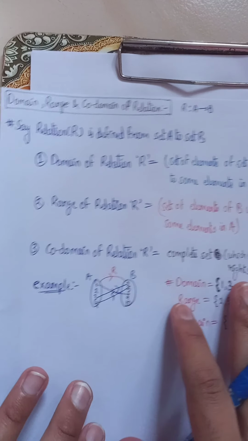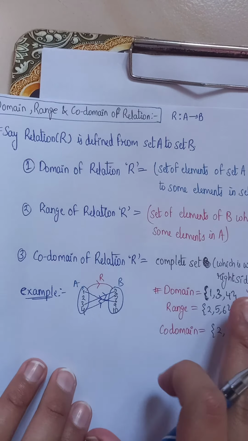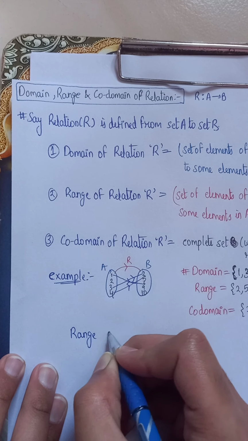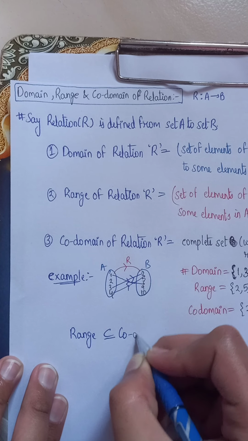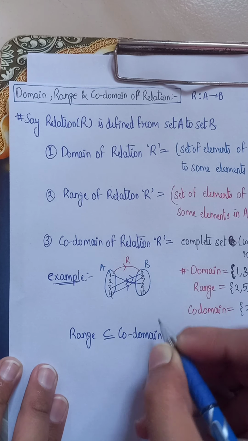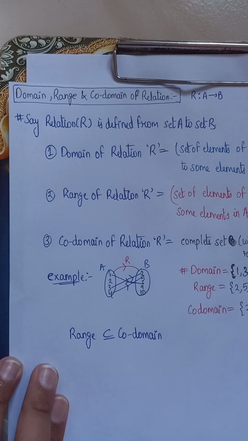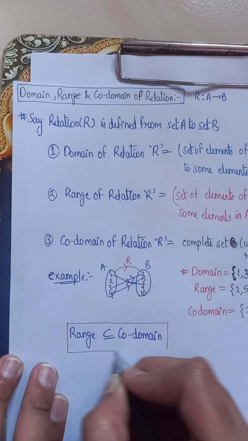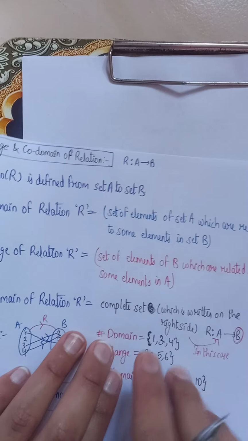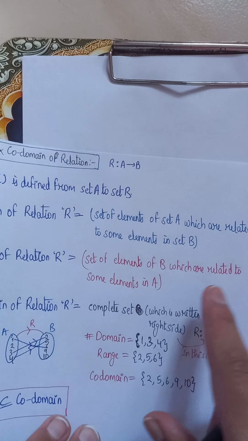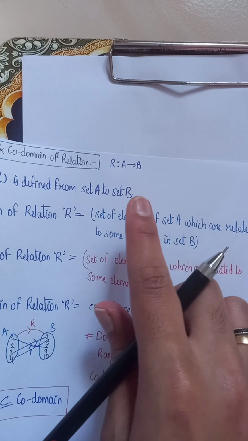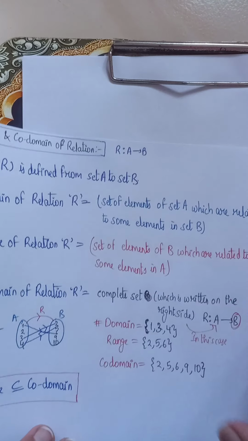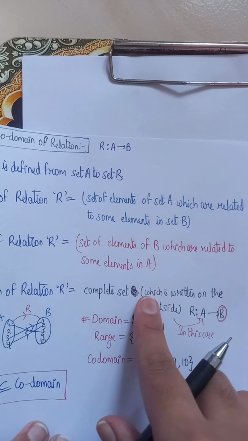From this, we get to know a small note: range is a subset of codomain. How is it a subset of codomain? Range means the set of elements of B which are related to some elements in A. Suppose this relation was defined from B to A, then the range would be the set of elements of A which are related to some elements in B, and the codomain would be A, written on the right side.